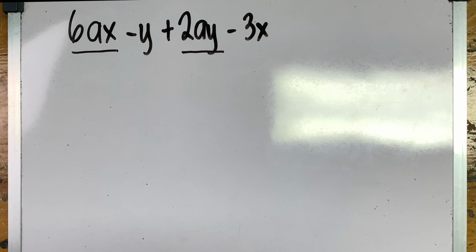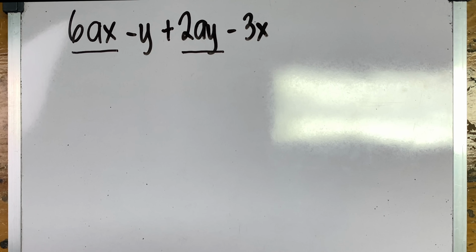So what is left is just 3x plus y. And since we have a common binomial factor in the form of 3x plus y, we factor that out. So 3x plus y, putting them in the parentheses, same with the one that's left, which is 2a minus 1.